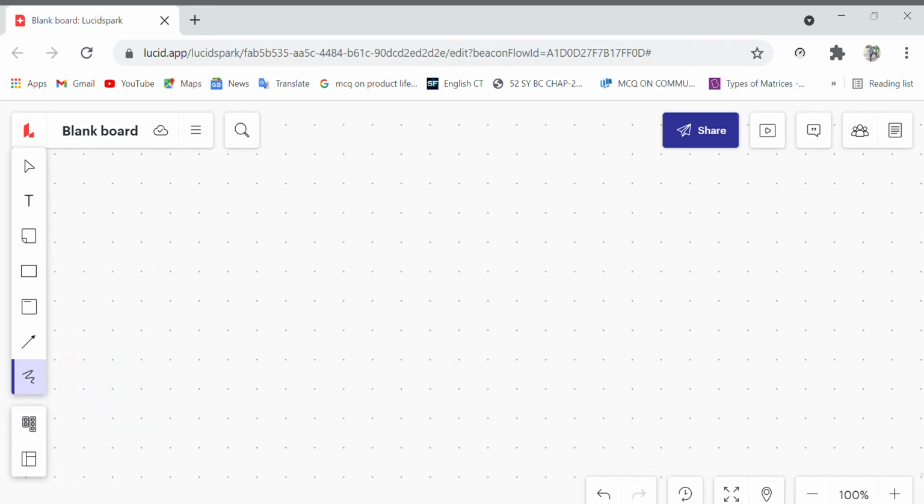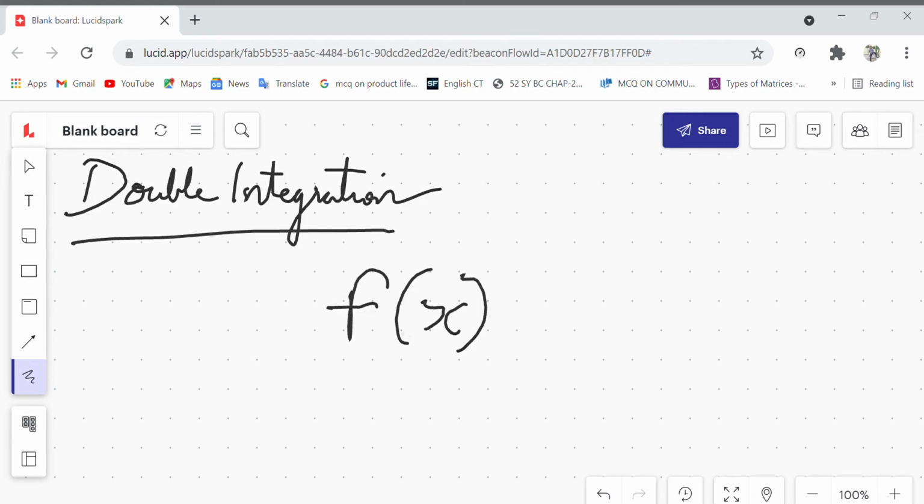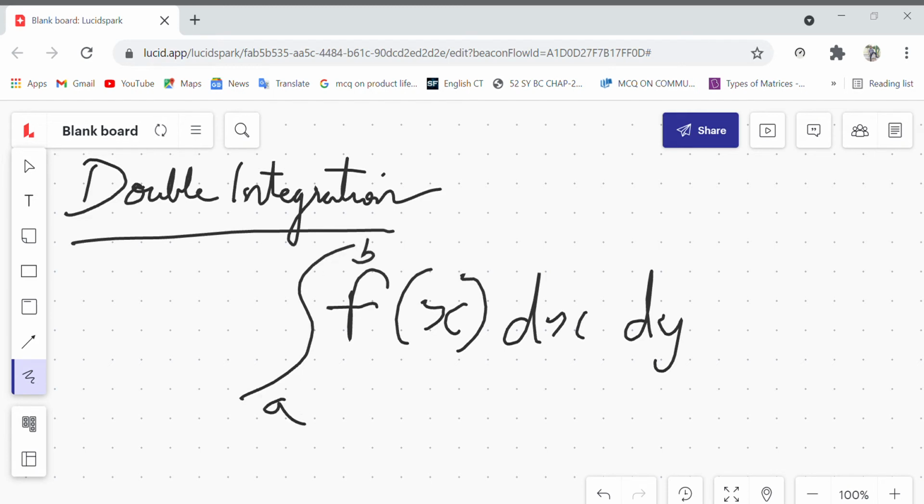So starting with double integration, so double integration is basically f of x, function of x, dx dy, integration a to b, integration c to d.